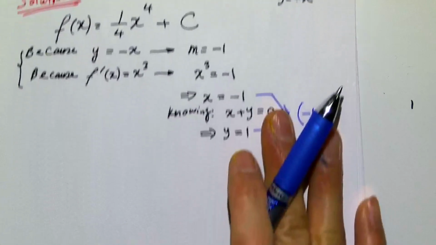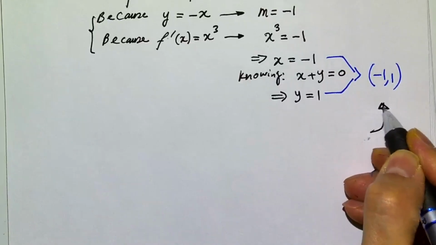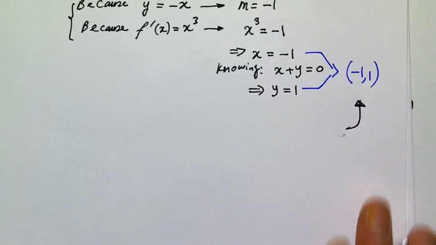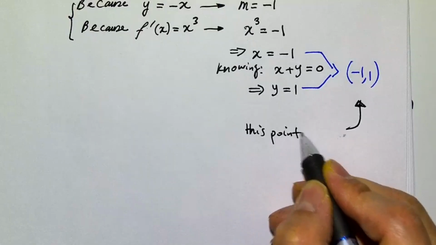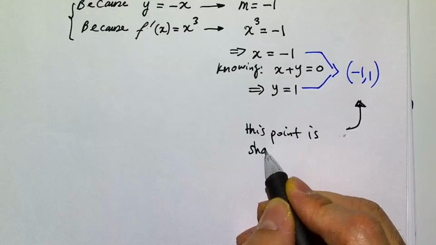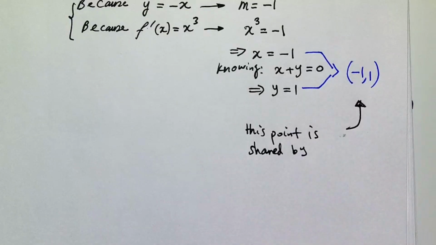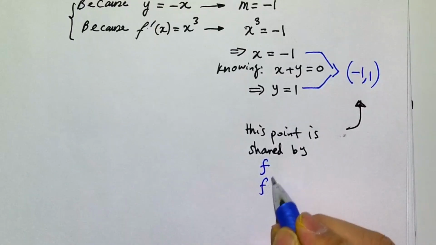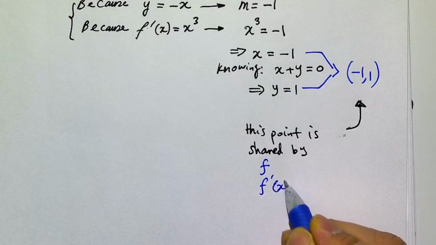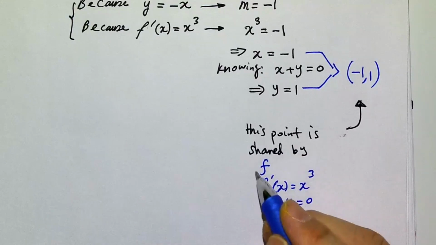Okay, let me write that actually. So that point, this point is shared by f prime x equals x cubed and x plus y equals 0.